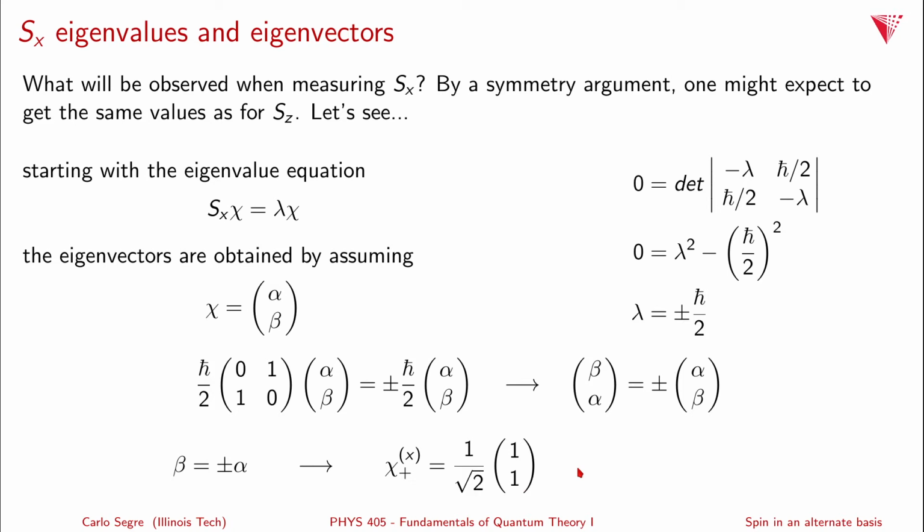And the spin down is the minus sign here. So we get chi minus in the x direction is 1 over the square root of 2, 1, minus 1. Now the 1 over the square root of 2 is there because we have to have this normalized. When we have 1 and 1 here, we take 1 squared plus 1 squared, which gives us 2. This squared gives us 1/2, and the whole thing is normalized. Same with this.